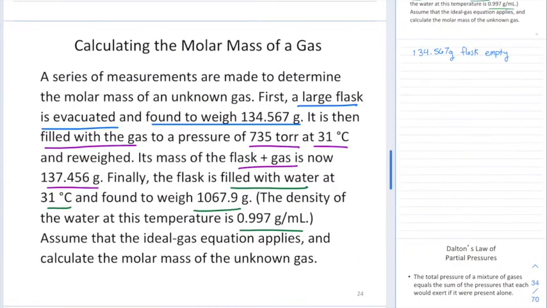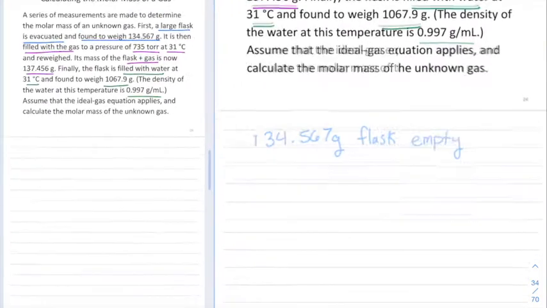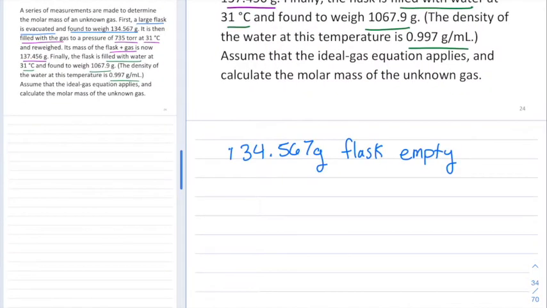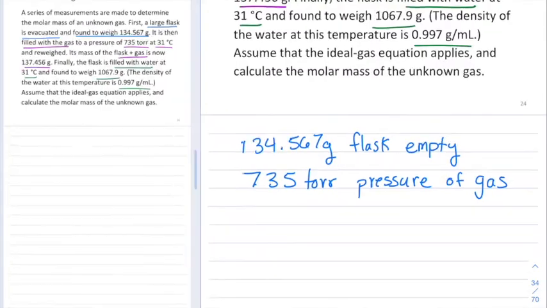All right, so now let's go back to our next number. So it's saying it's filled with gas, and it's now at a pressure of 735 torr. So I'm going to say 735 torr, and that is going to be the pressure of the gas. Okay, so let's see what else we can get out of here.